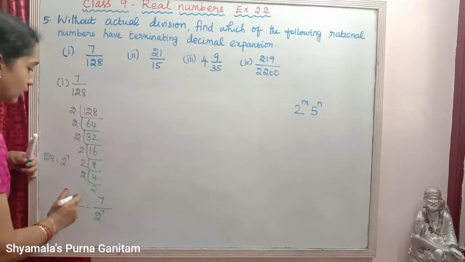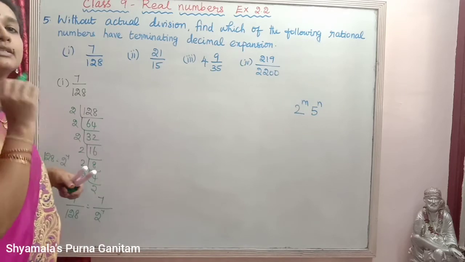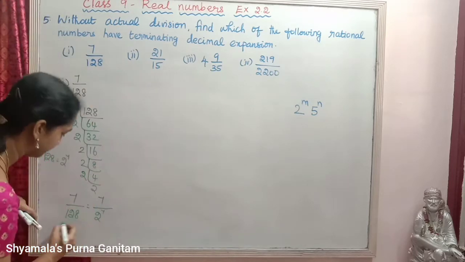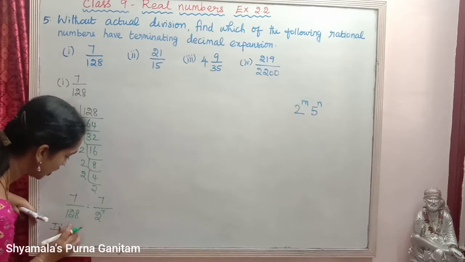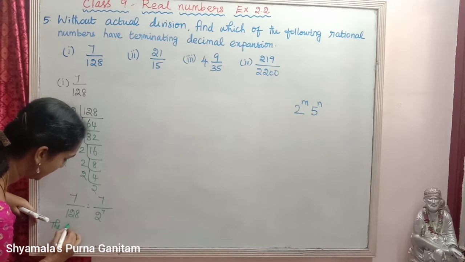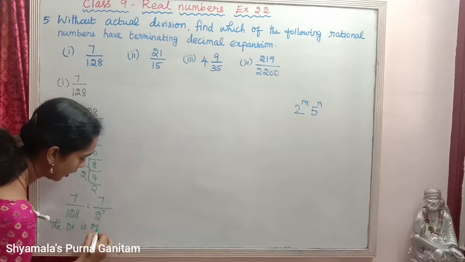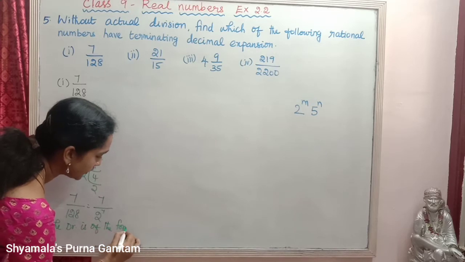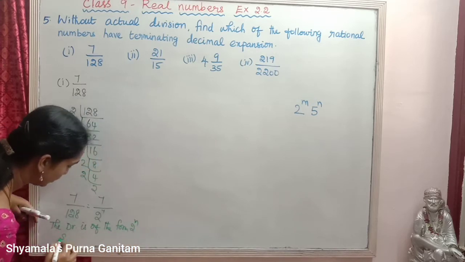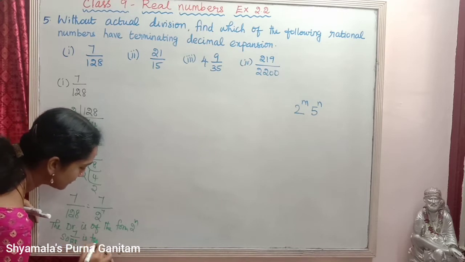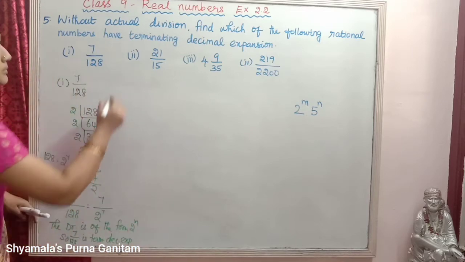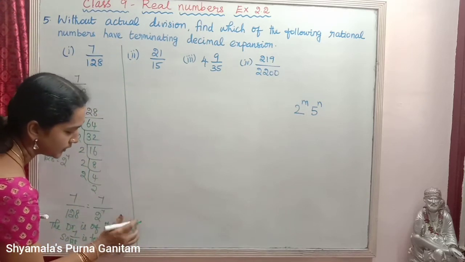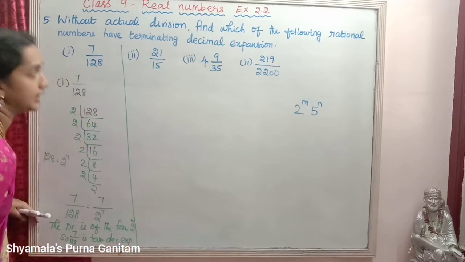The denominator is of the form 2 power m. So 7 by 128 is a terminating decimal expansion.